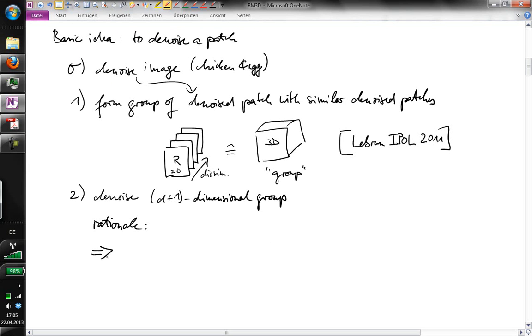Here's the rationale for operating on this D+1 dimensional group.